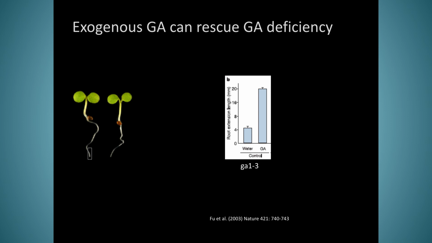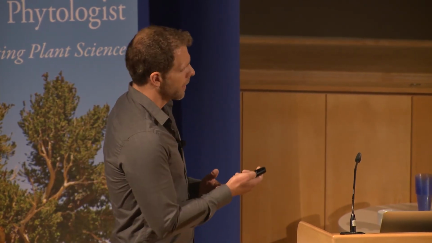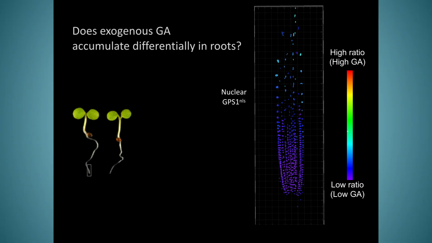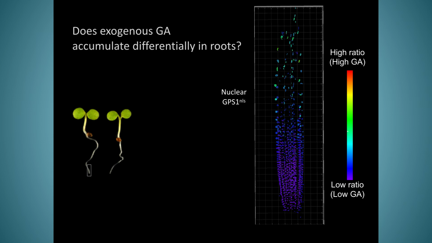So exogenous GA in a GA1 mutant can potentially go to the right places to stimulate growth in the right ways. So what we can do is take Arabidopsis roots and add GA and see where it goes. And this treatment with exogenous GA would circumvent, of course, de novo biosynthesis within the plant, or endogenous biosynthesis.